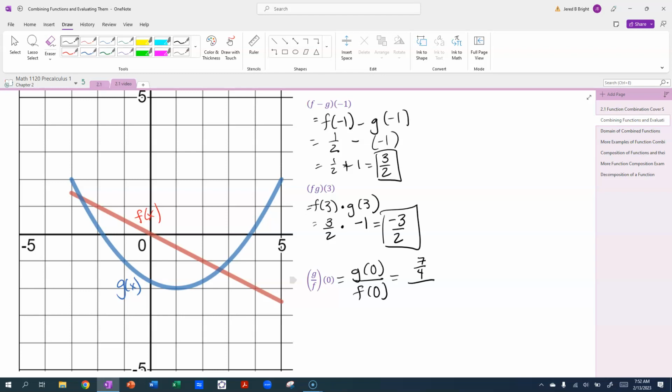Okay, f of 0 is 0. Uh-oh, that doesn't work, right? Whenever we divide by 0, that's not defined. So we can say does not exist, DNE. You can say undefined, anything to communicate to another person that your answer is not possible. Any one of those is fine.